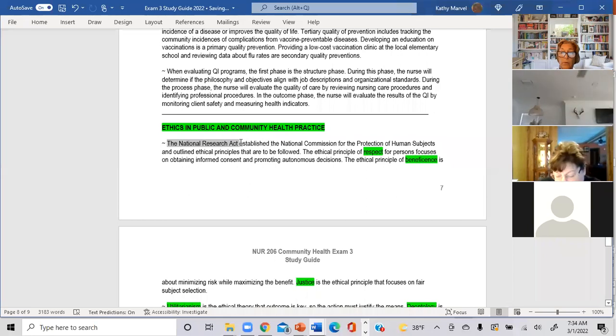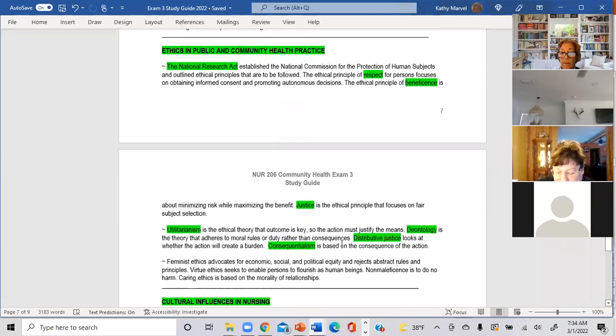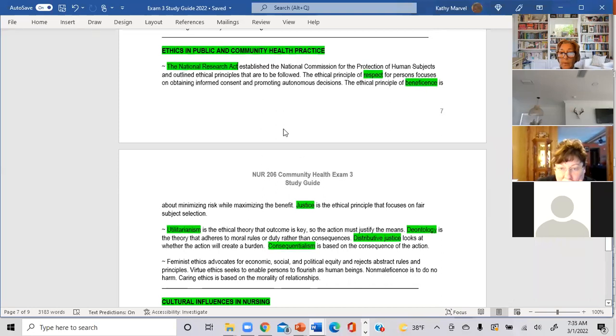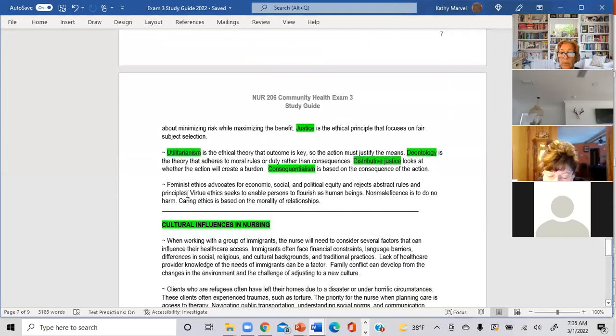Well, the National Research Act established the Commission for Protection of Human Subjects. And it outlined the principles that it operated under. The ethical principle of respect, beneficence, and justice. Okay. So while we're here on the study guide, here's your utilitarianism, deontology, distributive justice, and consequentialism.